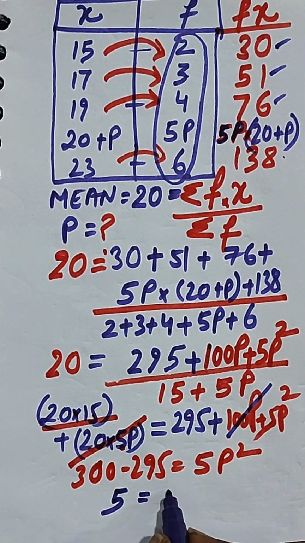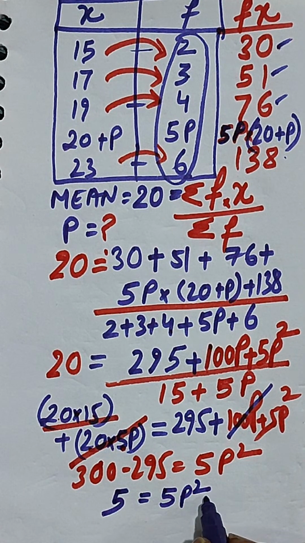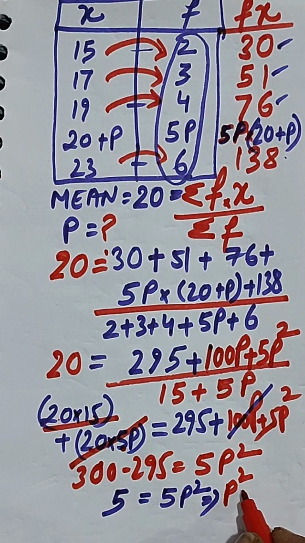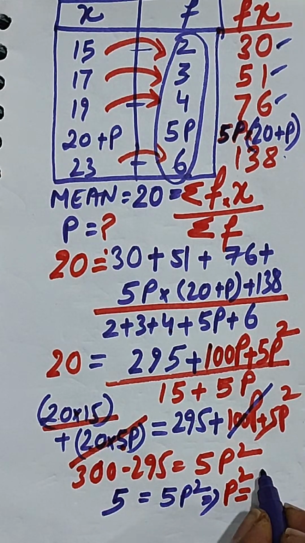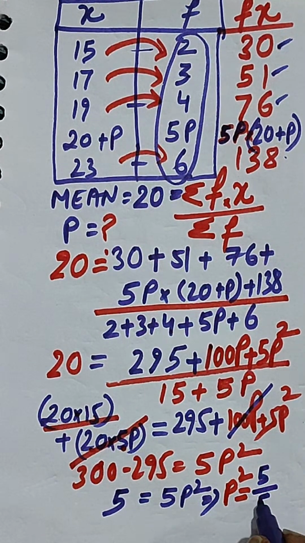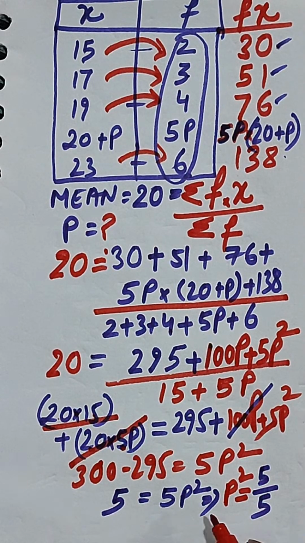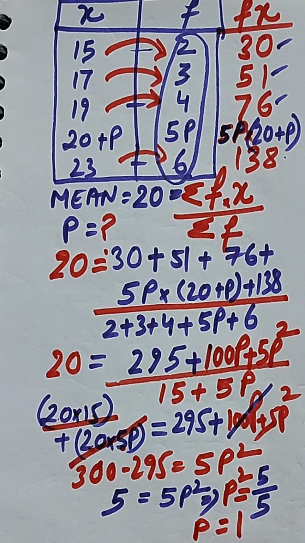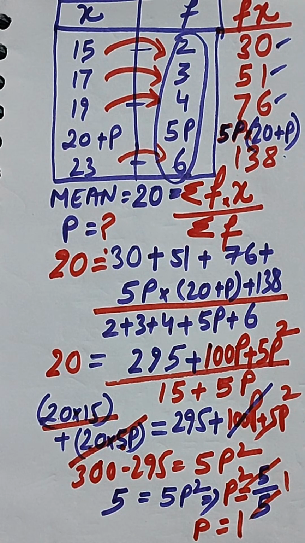Which is equal to 5p square, and this will give you p square as 5 by 5, which will give you the final value of p as equal to 1, because 5 and 5 will be cancelled out and we have 1 as a value.